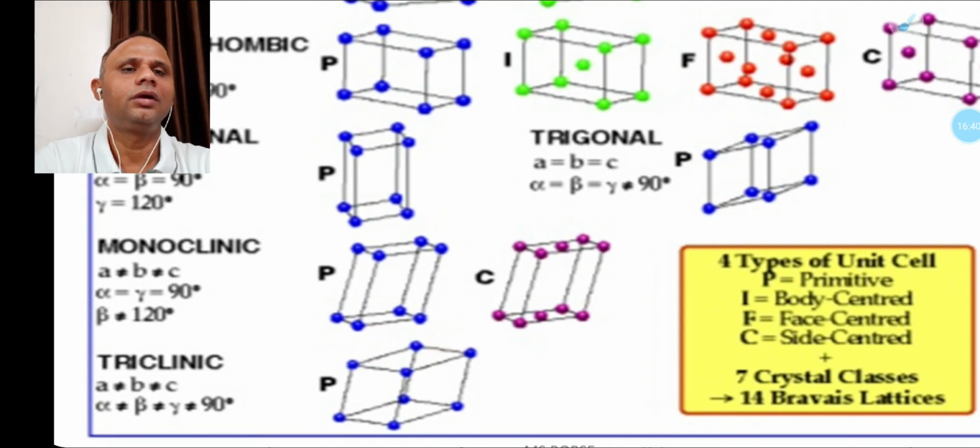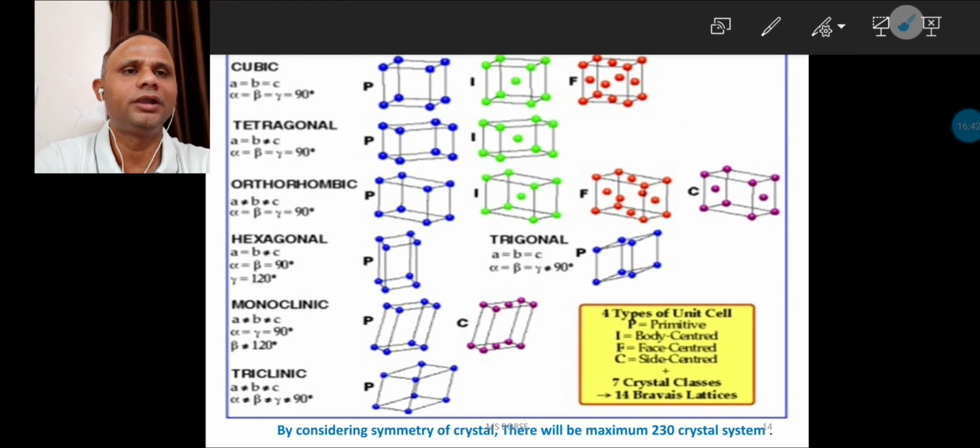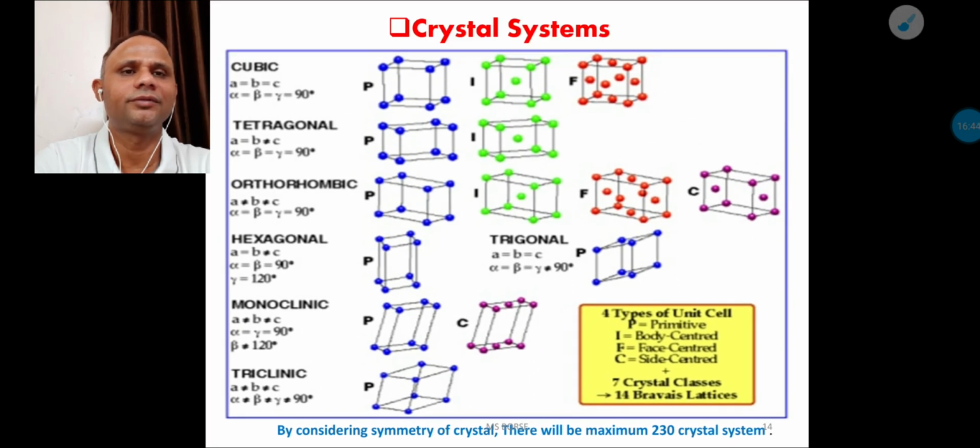On the basis of these primitive and non-primitive unit cells, there will be 14 crystalline forms of the unit cell, that is 3 cubic, 2 tetragonal, 4 orthorhombic, 1 hexagonal, 1 trigonal, 2 monoclinic, and 1 triclinic.